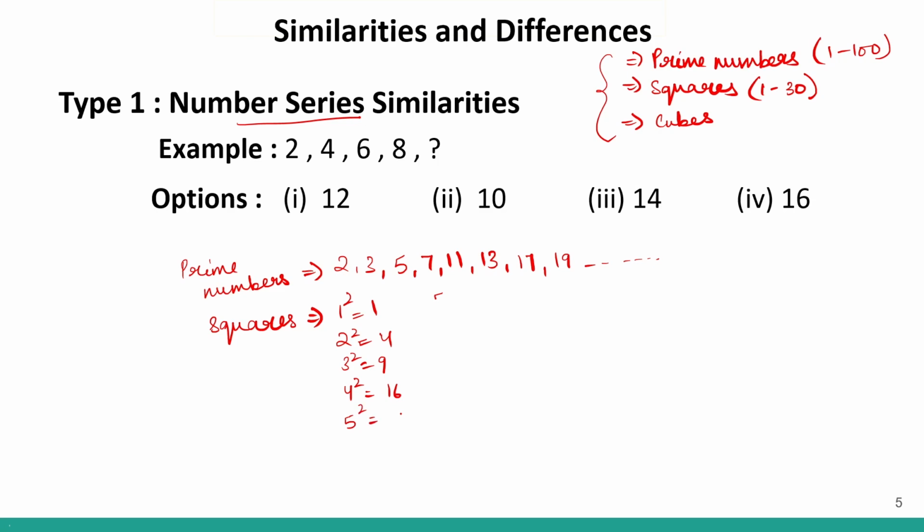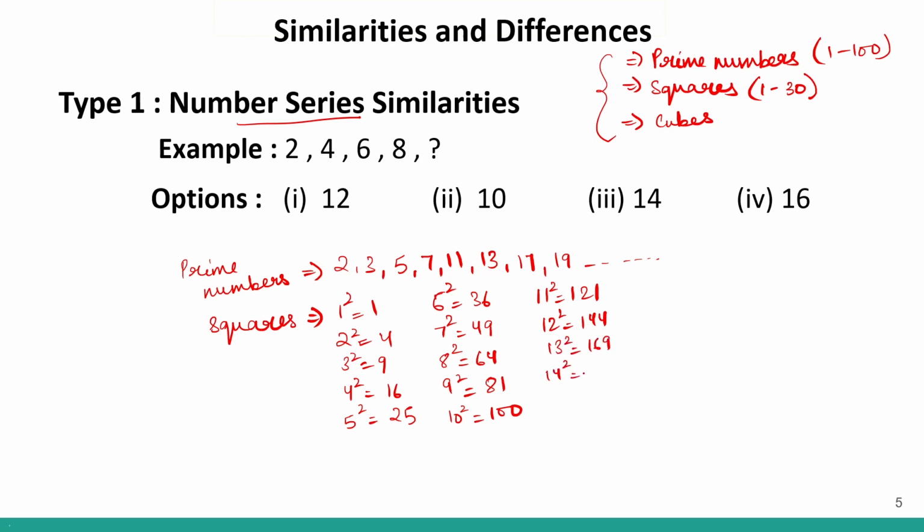Similarly, 5 square is 25, 6 square is 36, 7 square is 49, 8 square is 64, 9 square is 81, 10 square is 100. Correct? Now, 11 square is 121, 12 square is 144, 13 square is 169, 14 square is 196, 15 square is 225, and so on. So up till 30 you should remember.